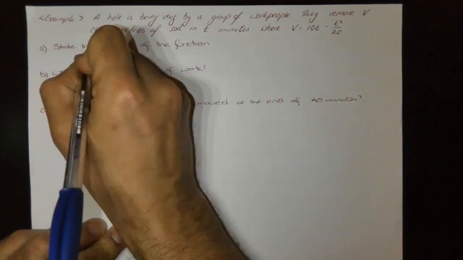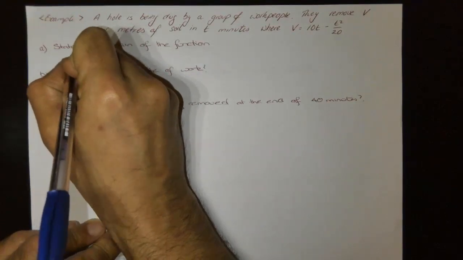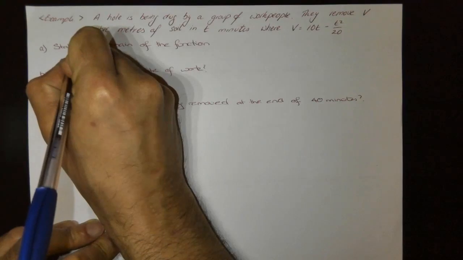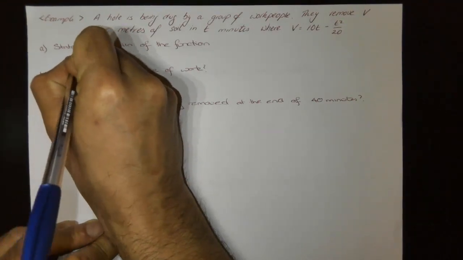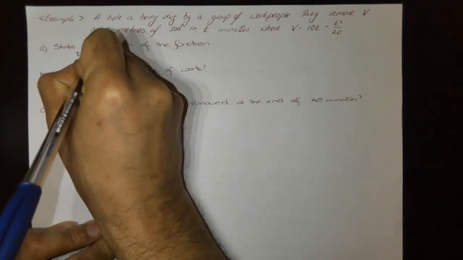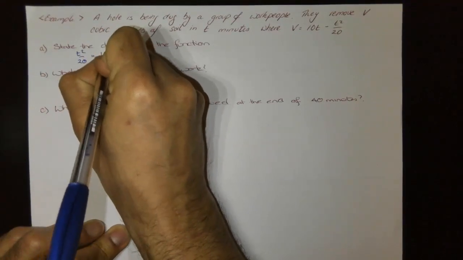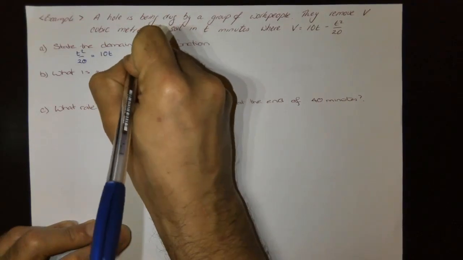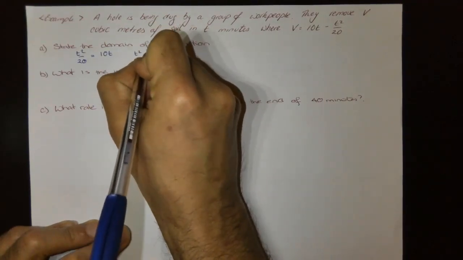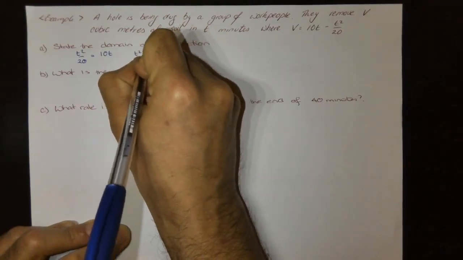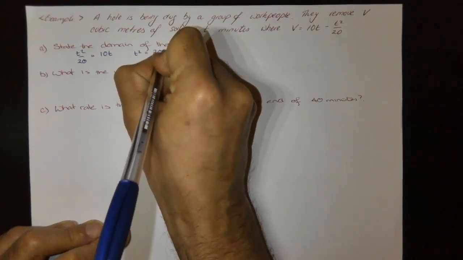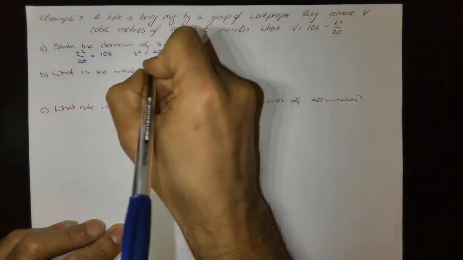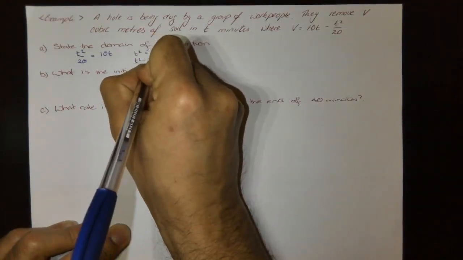So if I'm going to use some algebra, the maximum volume, if I bring t squared over 20 onto this side, and 10t, that'll be t squared equals 200t.